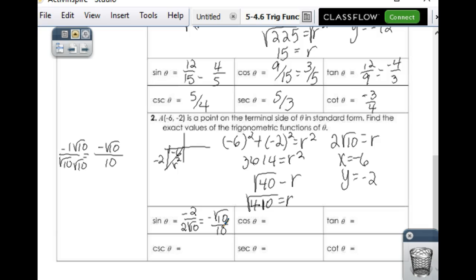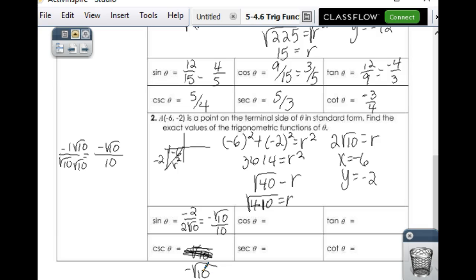So what did we say we do with the cosecant? So if I flip this, what happens? I have a square root on the bottom. Do I want a square root on the bottom? What if I flip this one? Then what's my answer? So then it's just negative 10 over square root of 10 reduced.